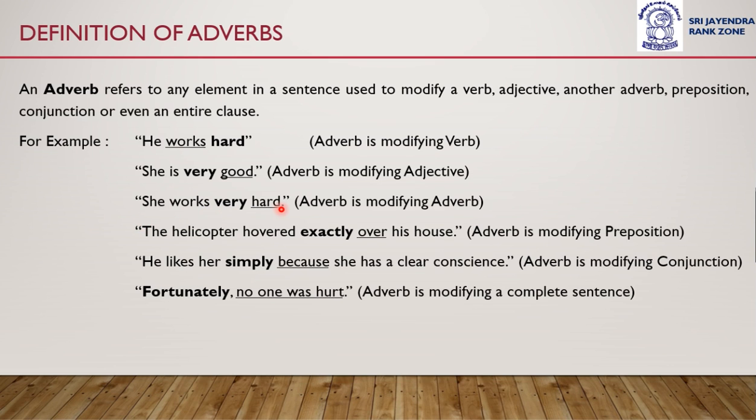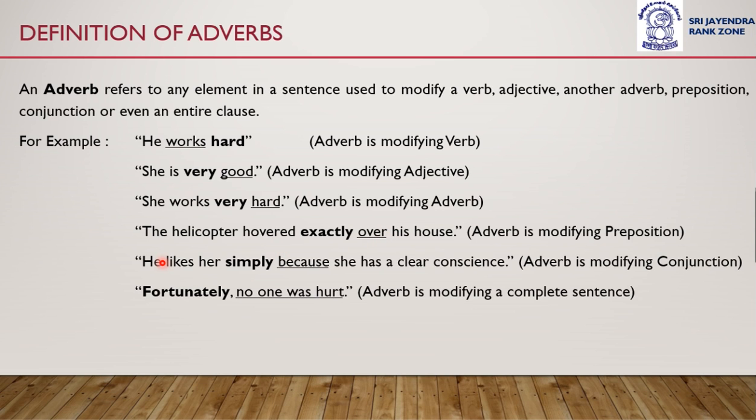She works very hard. The helicopter hovered exactly over his house. Adverb is modifying preposition in this sentence. How can we say? Over is a preposition and exactly is laying more emphasis about the fact that helicopter was directly over his house.